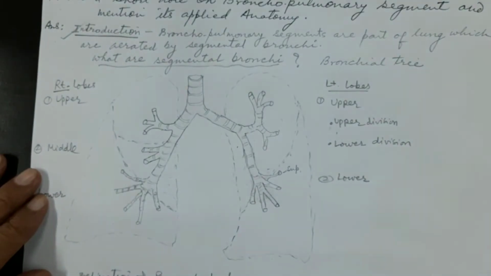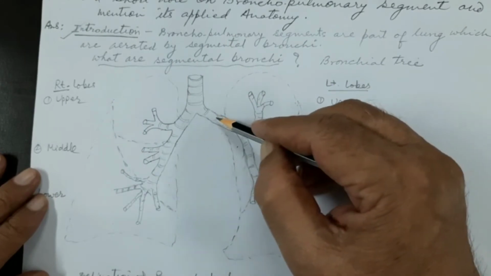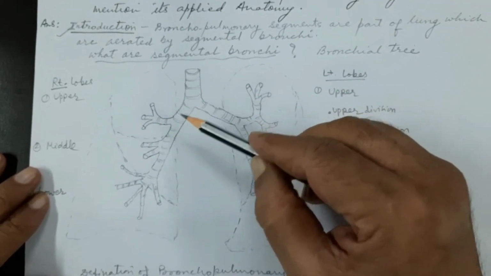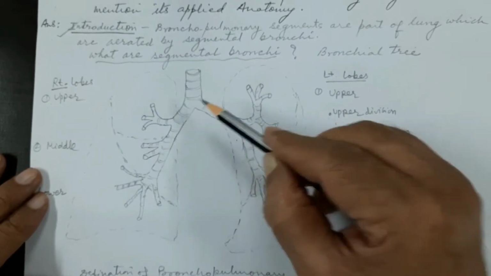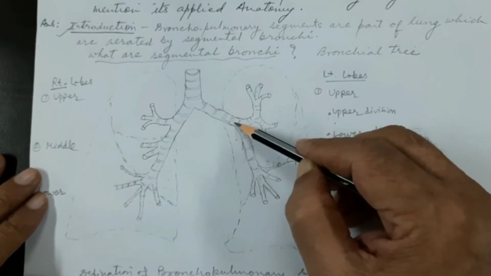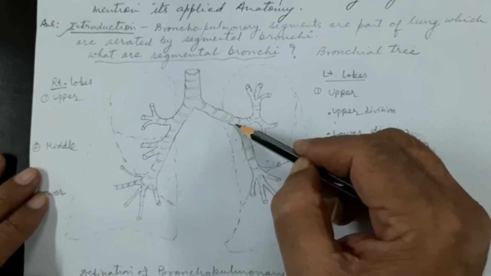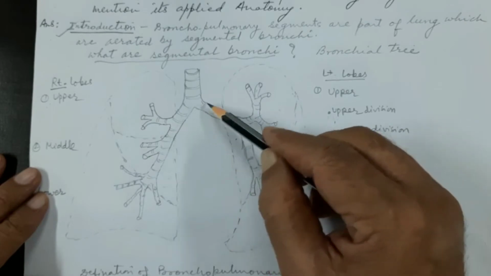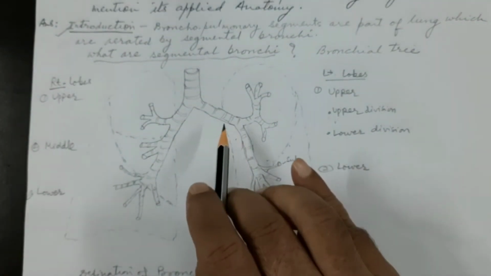The right principal bronchus is shorter than the left principal bronchus. The right is almost 2.5 centimeters long, but the left is double that, about 5 centimeters long.